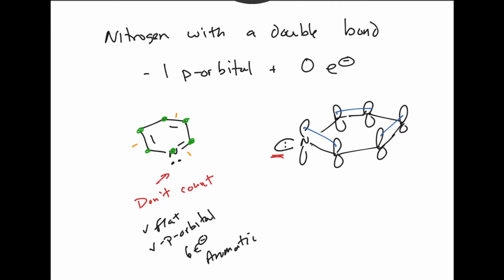All right. So then, we definitely have more than four now. Nitrogen with a double bond and a positive charge.